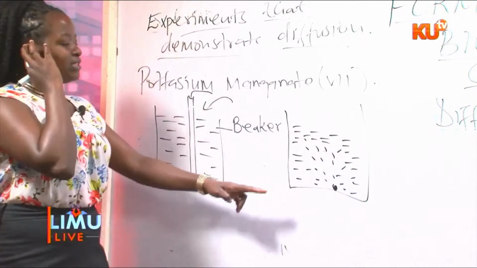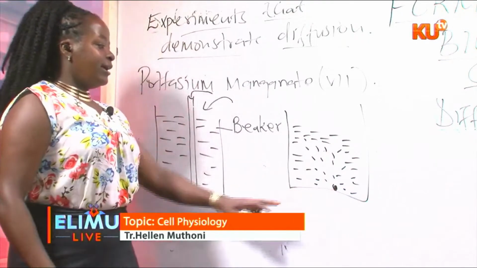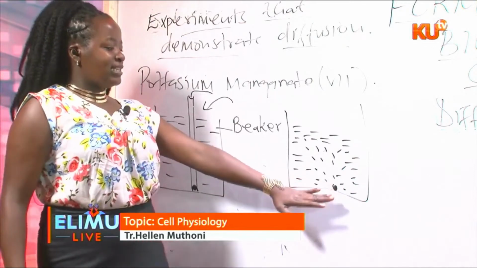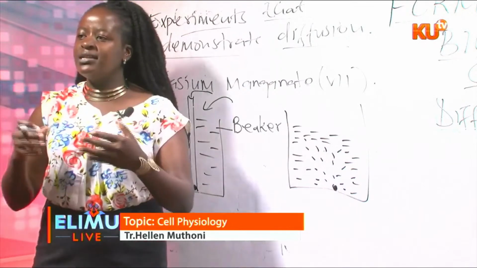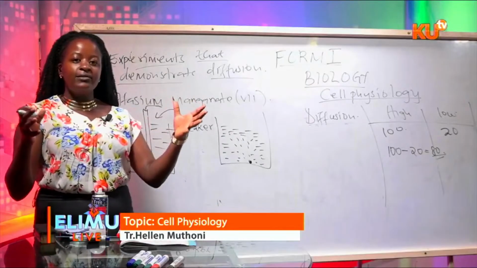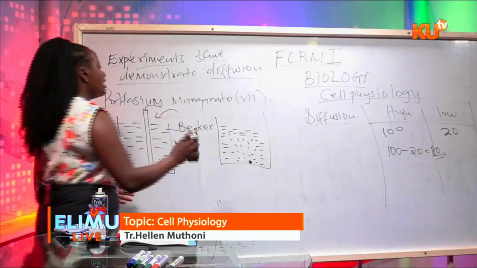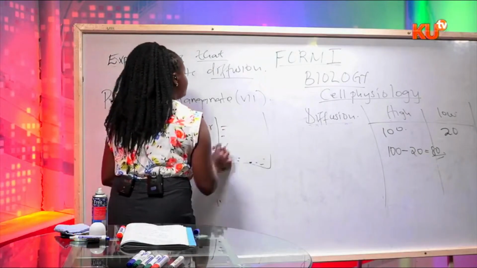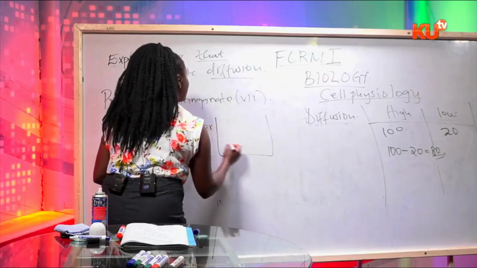So this is the particle of potassium manganate 7, and the particles that compose it will break away. Breaking away means that they will spread themselves, and after a while, all the water will turn purple in color.